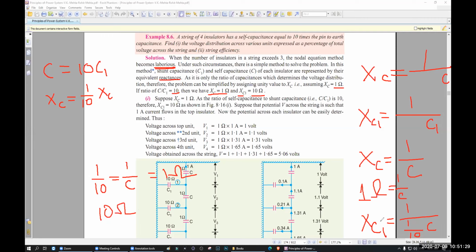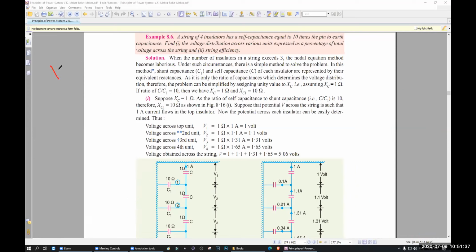So XC1 is actually your 10 ohm. So that means if XC is equal to 1 ohm, your XC1 is equal to 10 ohm. That means if this is 1 ohm, this will be 10 ohm.